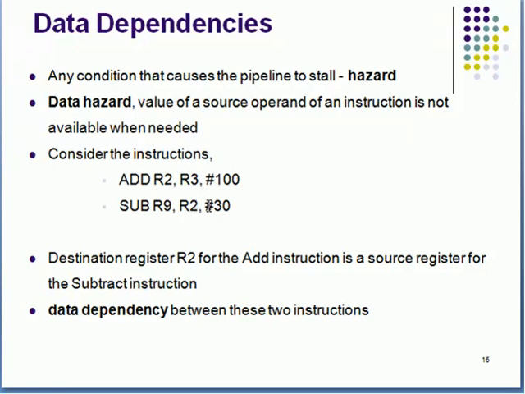R2 is subtracted by 30, that is R2 minus 30, and the result will be stored in R9. So when we execute these 2 instructions in a pipeline architecture, the subtract instruction needs the value R2, which can be obtained only when the first instruction completes execution. But when we implement the pipeline architecture, we start executing the second instruction before we get the final answer of R2. So there we will have a data dependency issue between the 2 instructions.